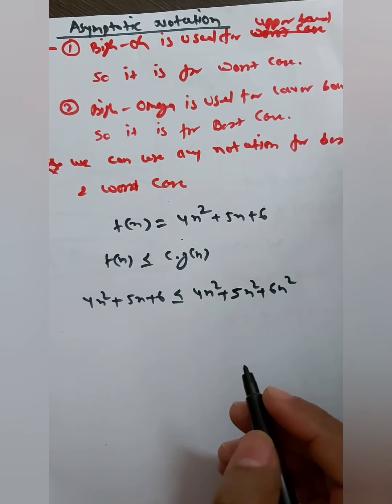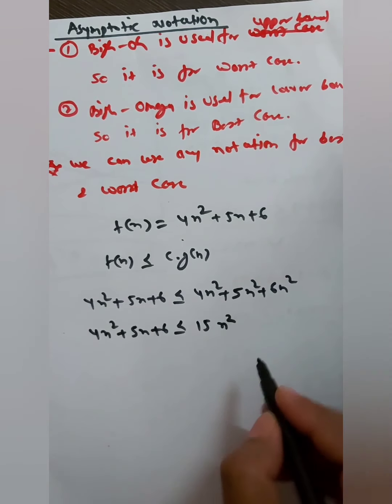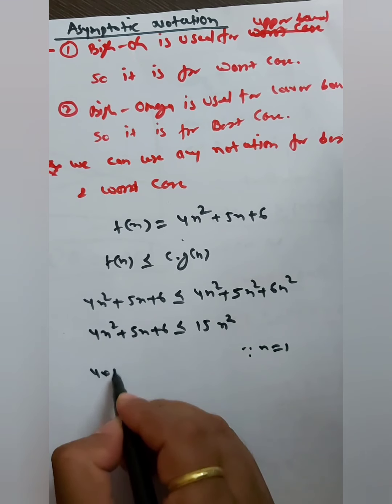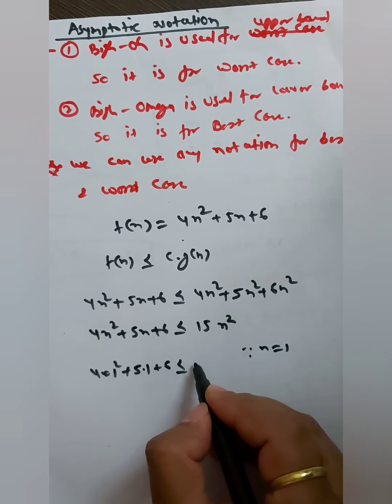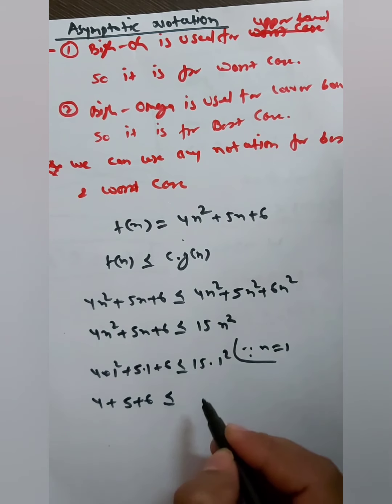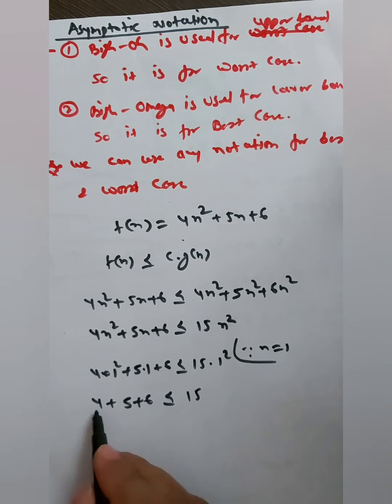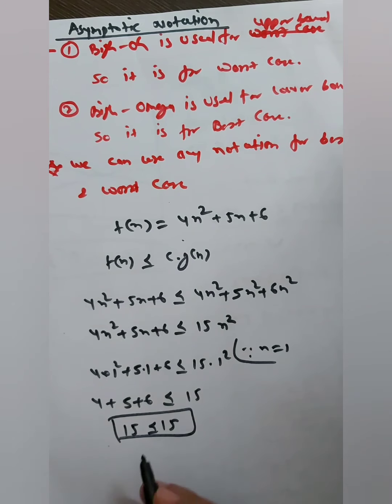If you put n = 1, then 4 plus 5 into 1 plus 6 is less than or equal to 15 times 1 square, right? So 4 + 5 + 6, 4 plus 5 is 9, plus 6 is 15, is less than or equal to 15. So the condition is satisfied, right? So we can write here f(n) is equal to order of n square.